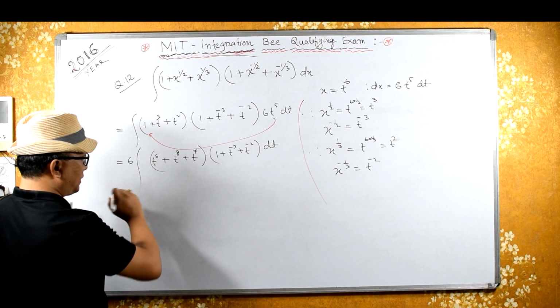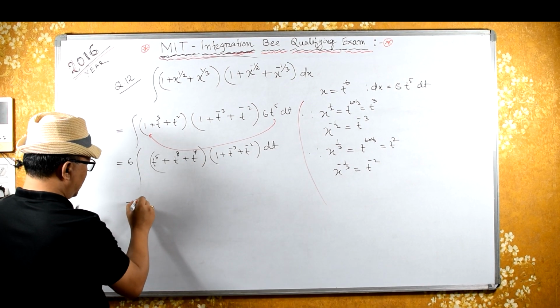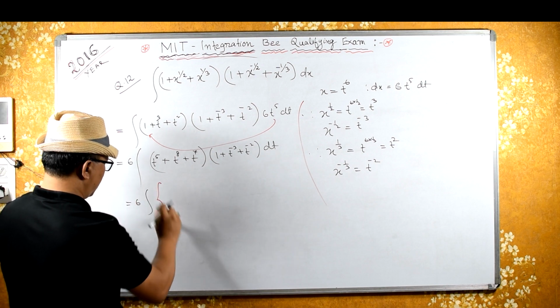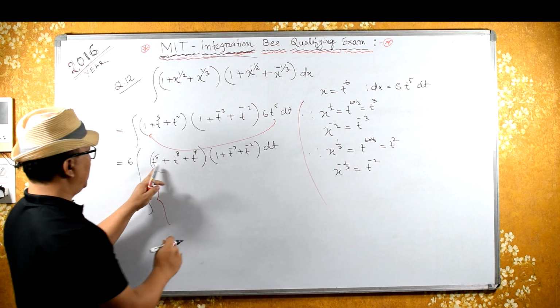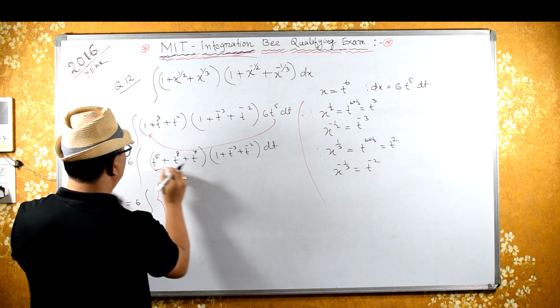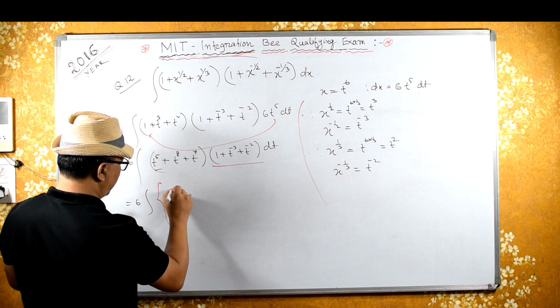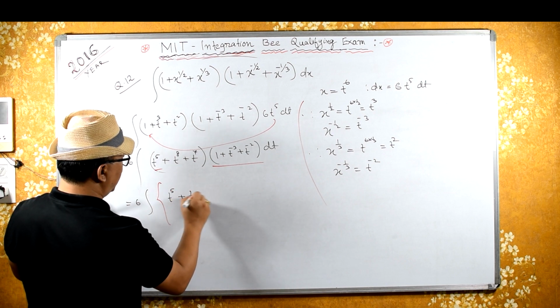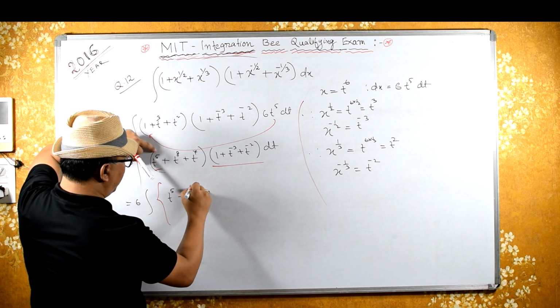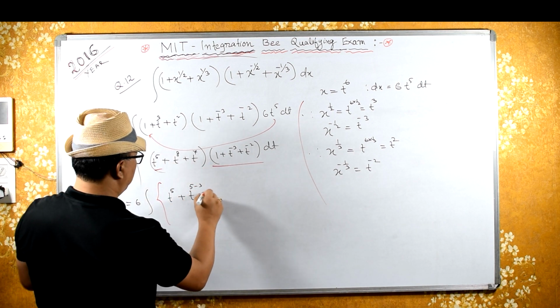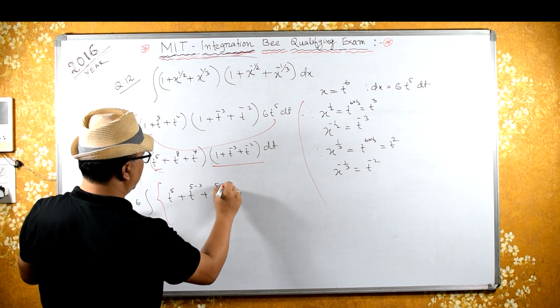Let's separate and make it linear. That is 6 into the integral of t raised to 5 into the whole of this. Therefore, t raised to 5 plus t raised to 5 minus 3, since the bases are the same and you can add indices, plus t raised to 5 minus 2.